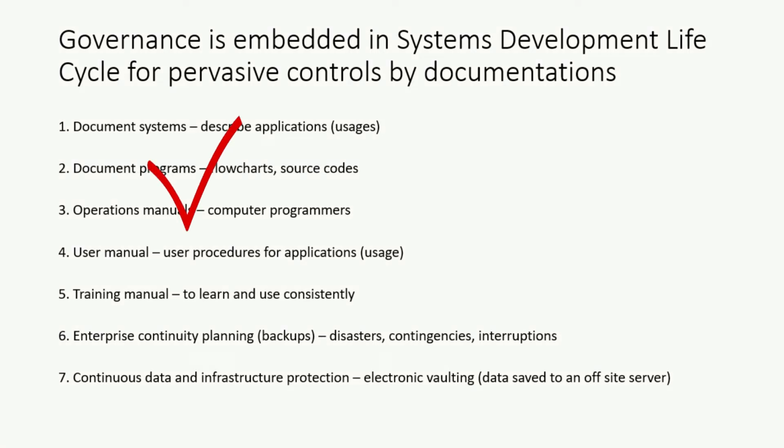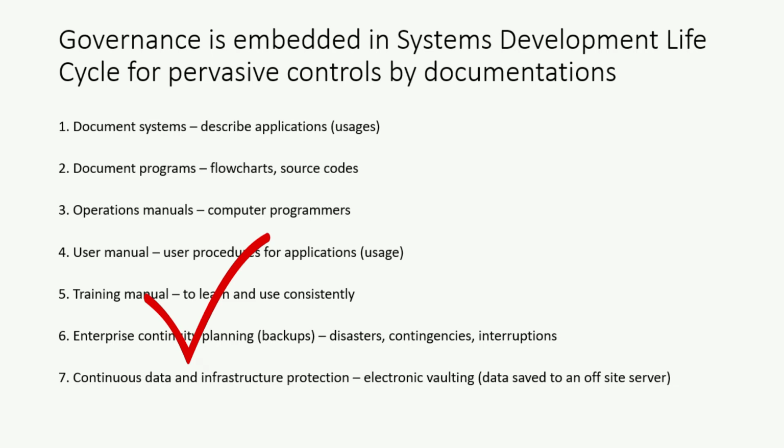Third, there should be operations manuals for the computer programmers to use. Fourth, there should be user manuals for the users to follow certain procedures on the applications. Fifth, there should be training manuals to learn and use the systems consistently.